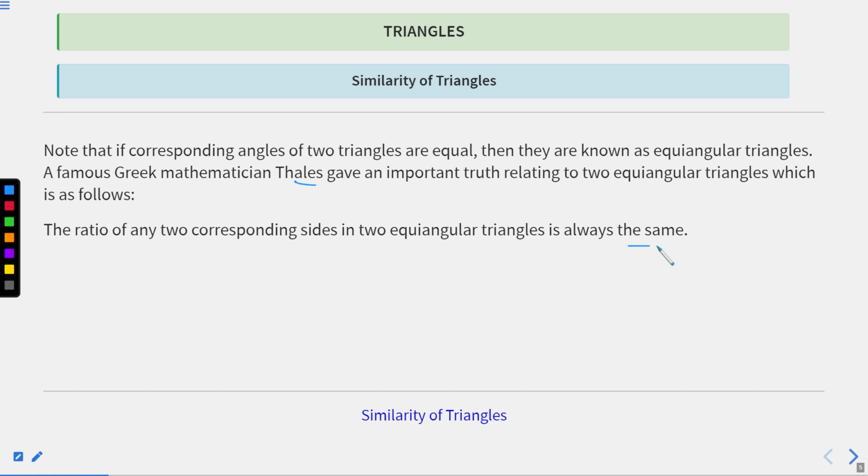It means if we have two triangles whose corresponding angles are the same, then the ratio of two corresponding sides is always the same.